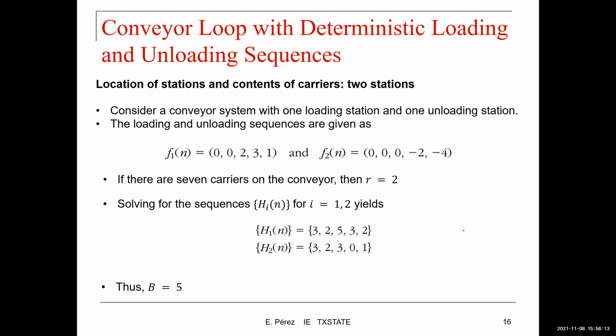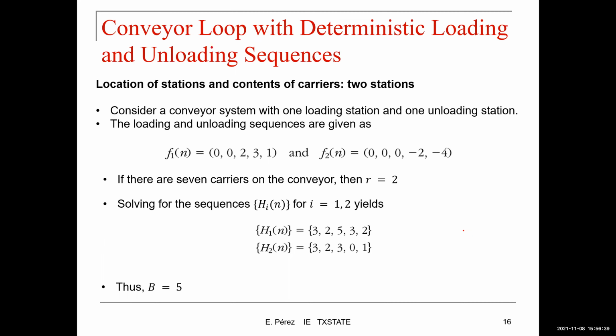So for this example, the capacity for the carriers will be equal to 5. But in this example, again, you have one loading and one unloading station, but the sequence and the number of items that are loaded per time period is different.